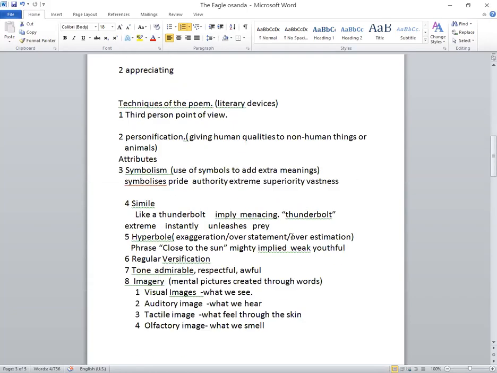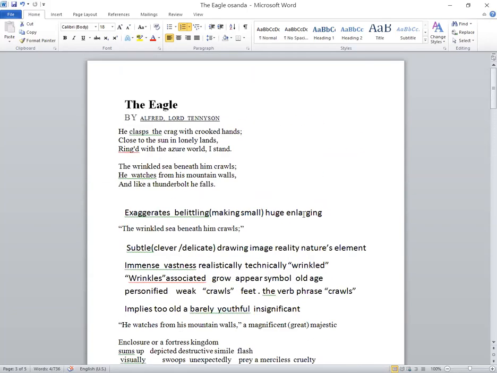Now let's go back to the poem. Take your poetry book. "He clasped the crack with crooked hands." You hear some common sounds repeatedly mentioned. "He clasped the crack with crooked hands."